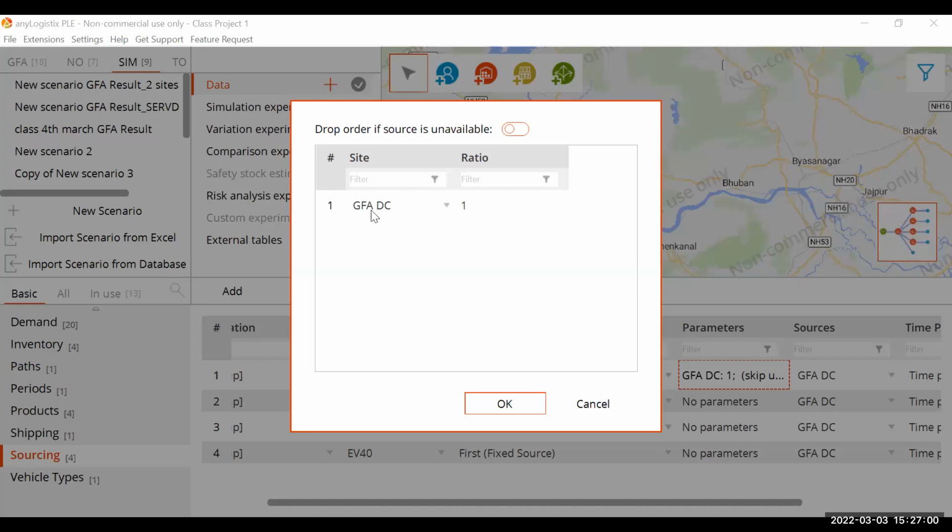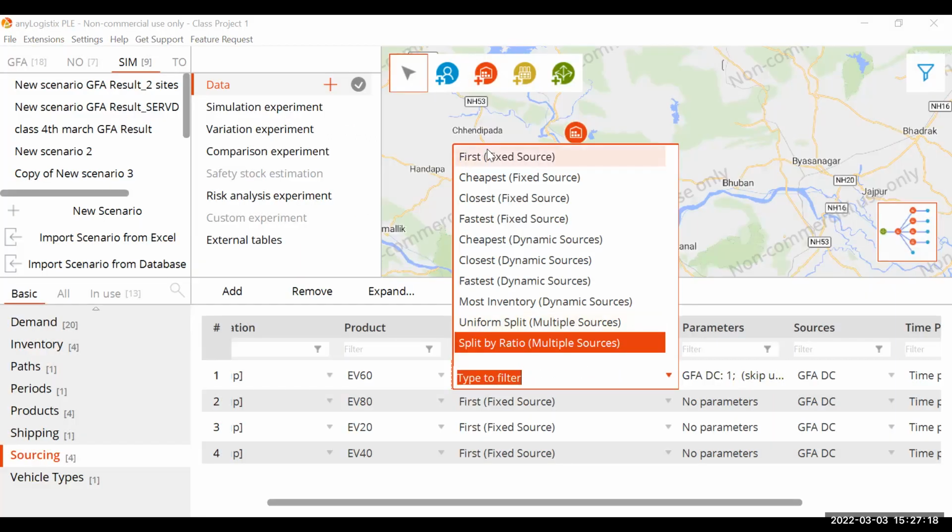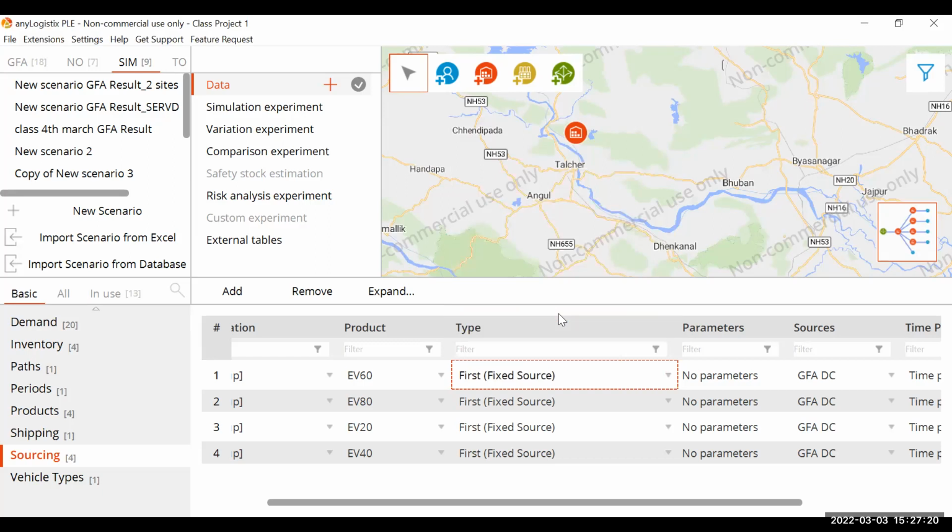Because I have only one GFA DC, the ratio is 1, that means 100%. If I had more distribution centers, I could do a 50-50% split, 50% from Aurangabad and 50% from Ghaziabad. But in our case there is only one distribution center, so I'll keep it very simple: fixed source.